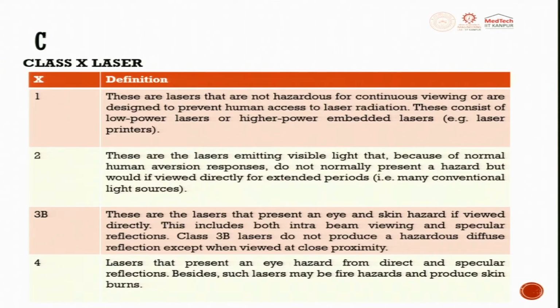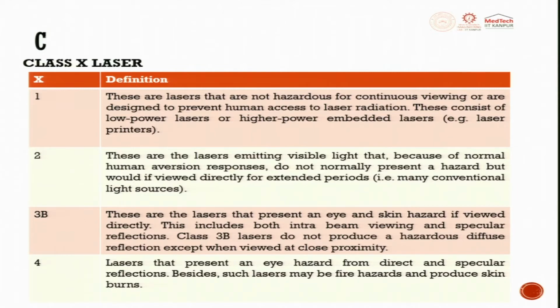Lasers are defined by various classes. So, you can have class 1, class 2, class 3B, class 4. You have to understand which class of laser is integrated into the machine and what it can and what it cannot do.